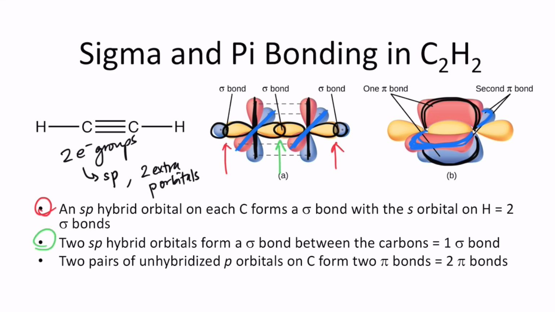That's our third sigma bond. And then we have the black pi bond that's going up. And we have the blue pi bond that's coming out of the page. So 2 of those are our 2 pi bonds in the molecule.